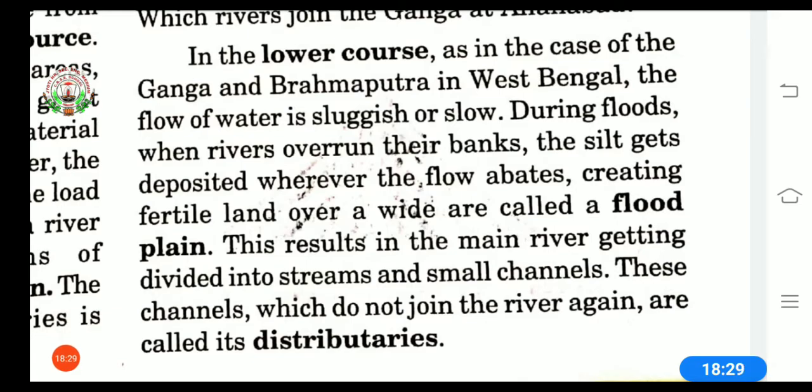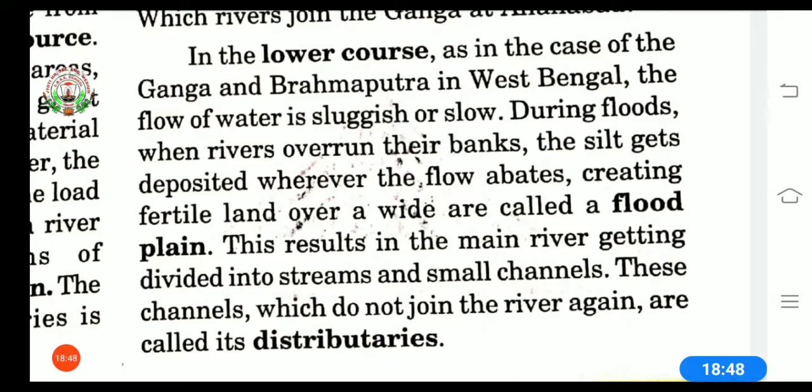During flood, when rivers overrun their bank, the silt gets deposited wherever the flow abates. Abates means become less strong, creating fertile land over a wide area called a flood plain.